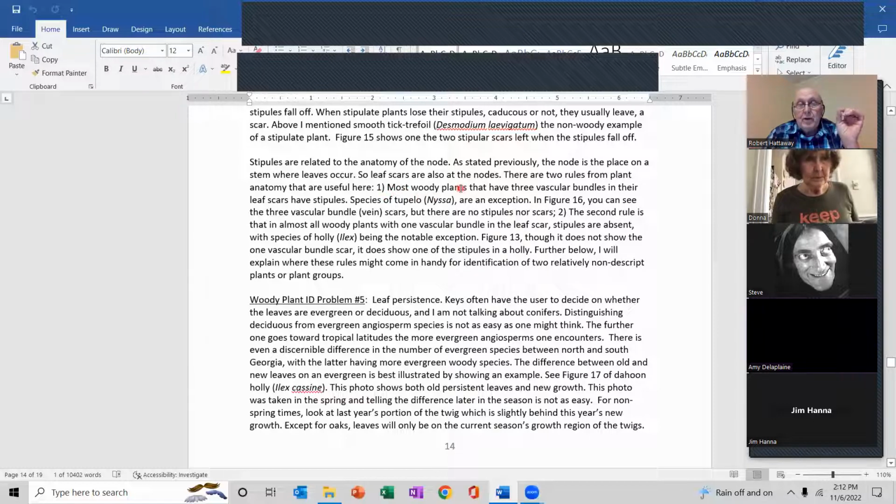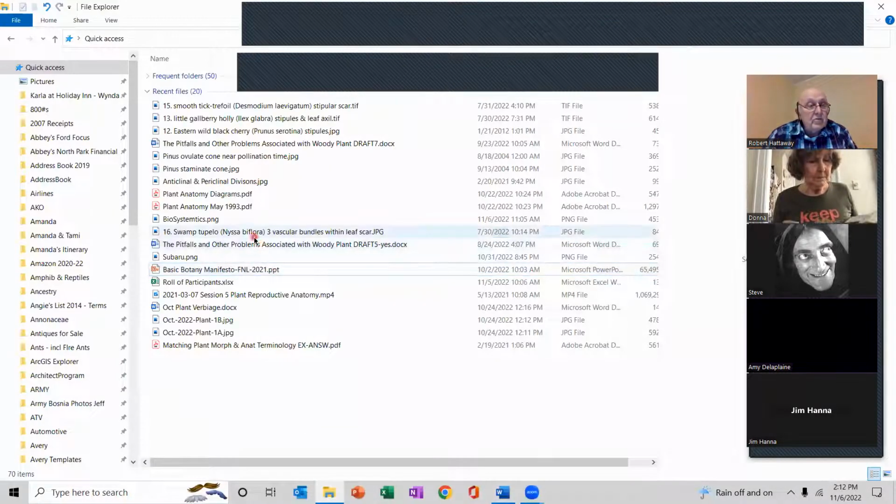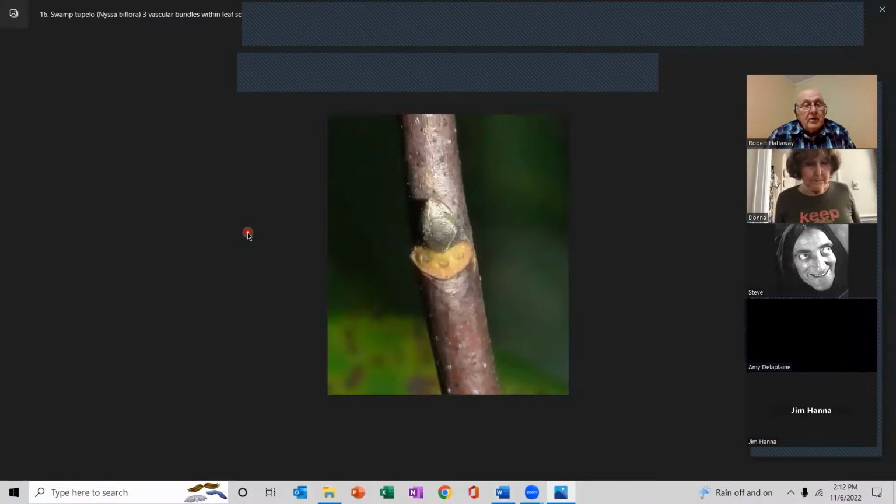Most woody plants that have 3 vascular bundles in their leaf scars have stipules. Species of Nyssa are an exception. Now, I'll show you the exception. Oh, here it is. All right.